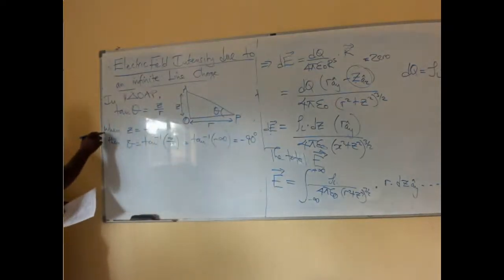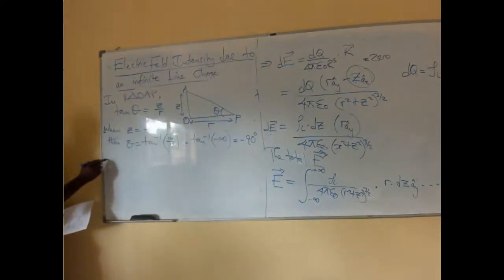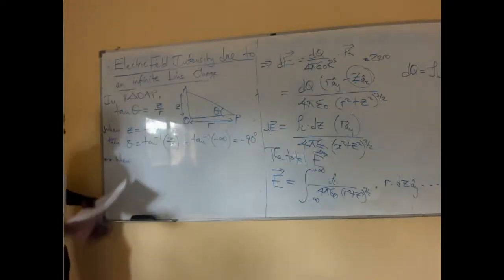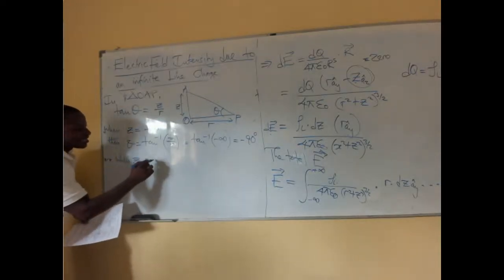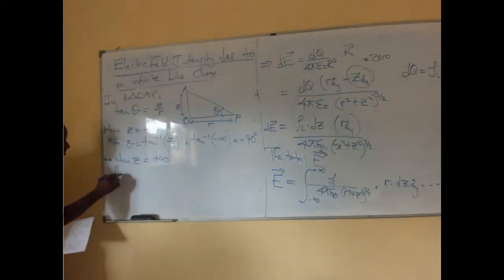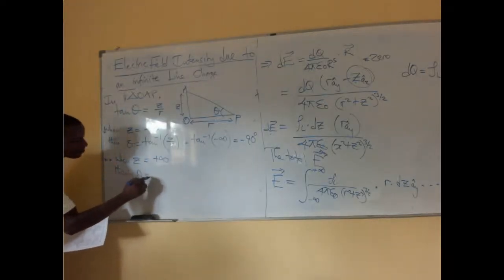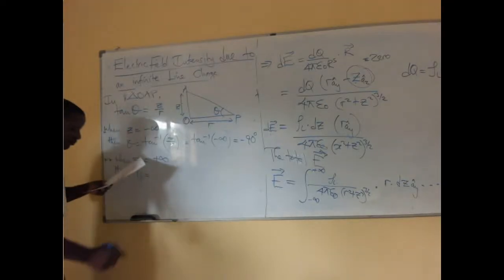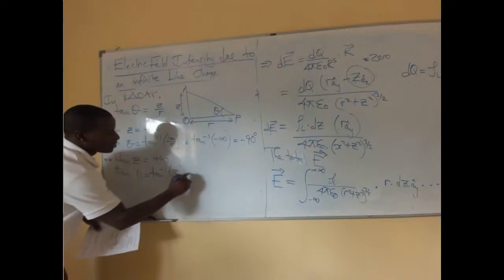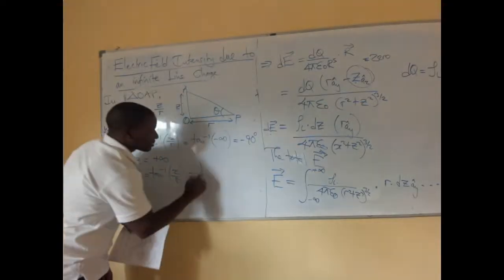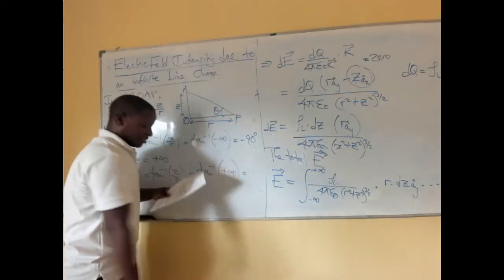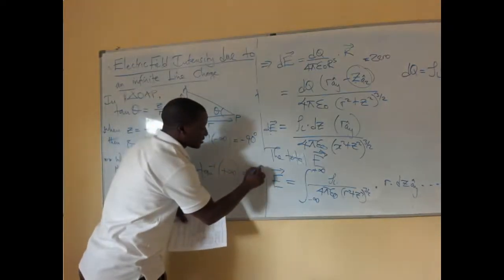So this is your point number 1. Point number 2 is that when z is on the other side, at plus infinity, then we have theta equal to the tan inverse of z over r, which is the same as the tan inverse of plus infinity. This gives us positive 90 degrees.